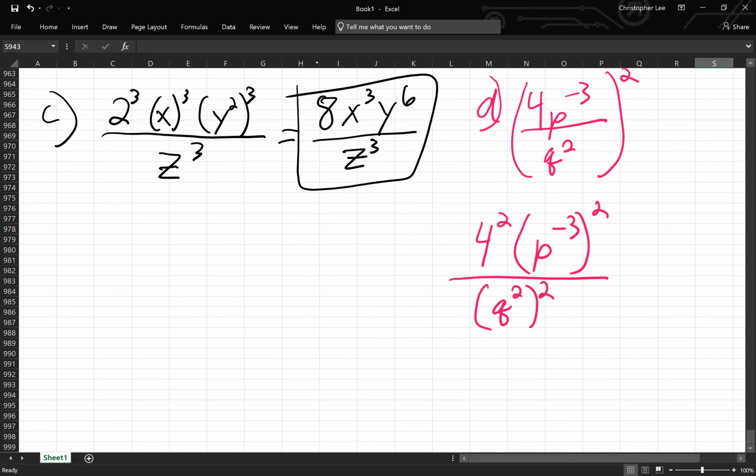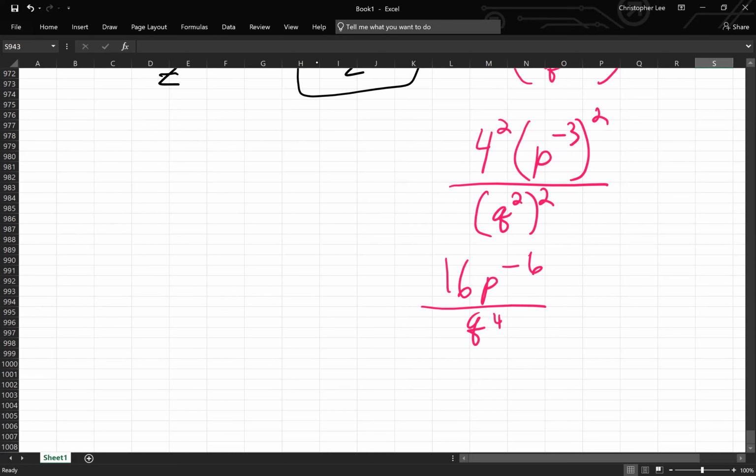What do I get? 16 p to the negative 6 over q to the 4. We already know we can't have that negative exponent. So final answer, 16 q to the 4, p to the 6.